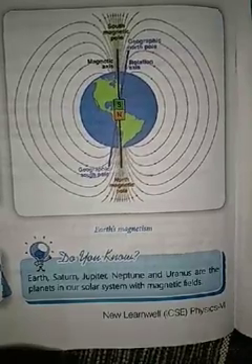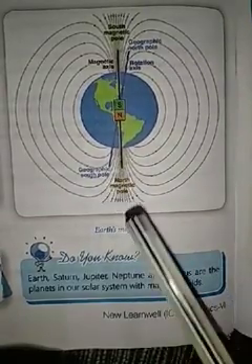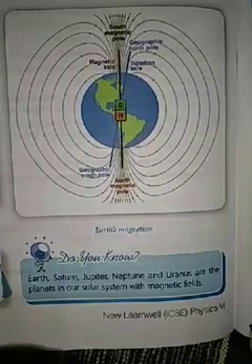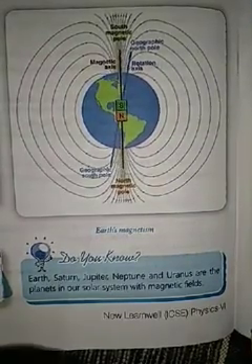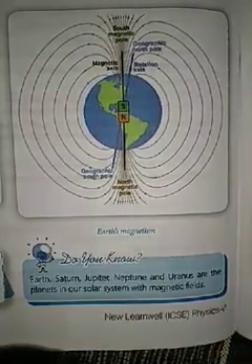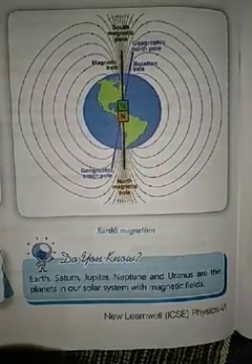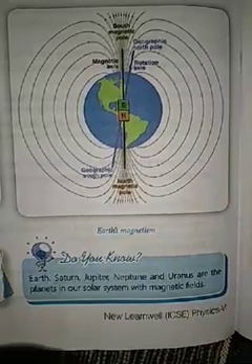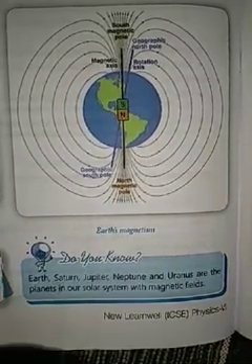Thus in a freely suspended magnet, the north pole of a magnet points towards the geographic north pole since it is attracted by the earth's magnetic south pole. In the same way, the south pole of a magnet points towards the geographic south pole since it is attracted by the earth's magnetic north pole. Clear?